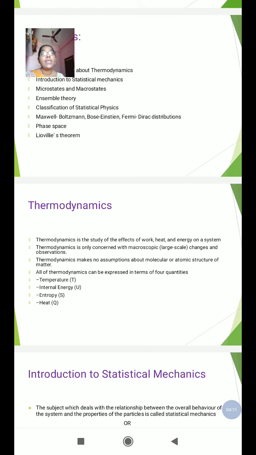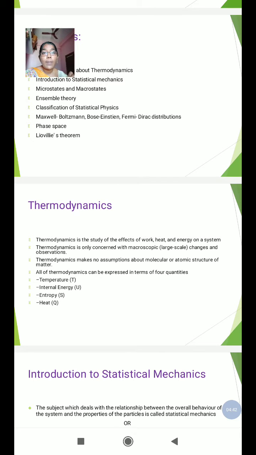For example, if you take a gas container, or any system which has a large number of molecules or atoms, thermodynamics gives the overall behavior of the system: the overall pressure, the overall energy, the overall entropy of the system. That's it. We obtain only the macroscopic behavior of the system from thermodynamics.